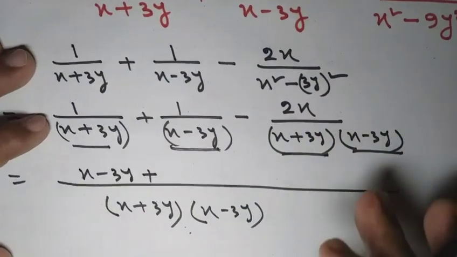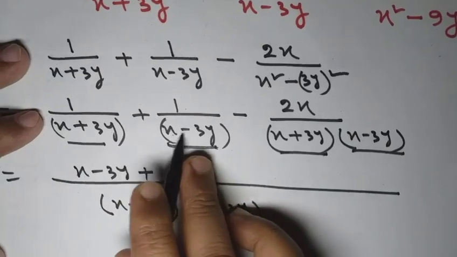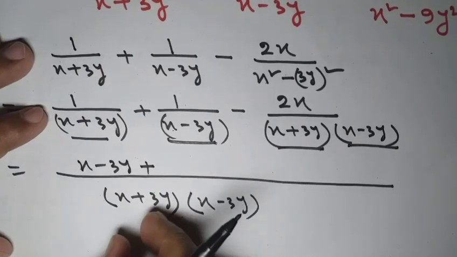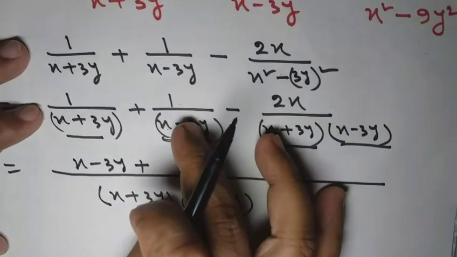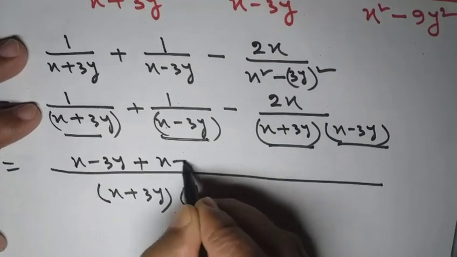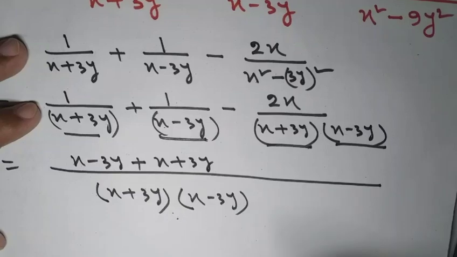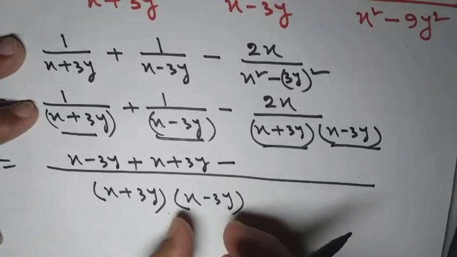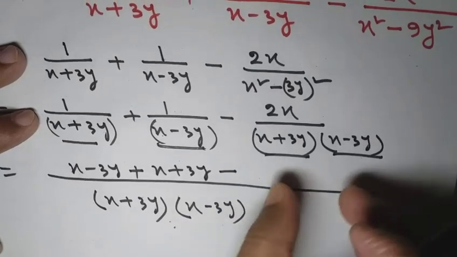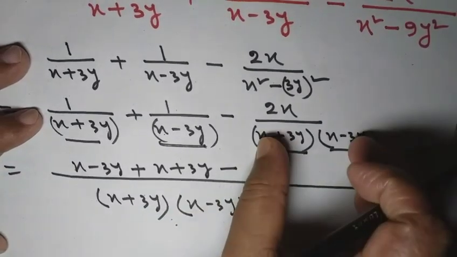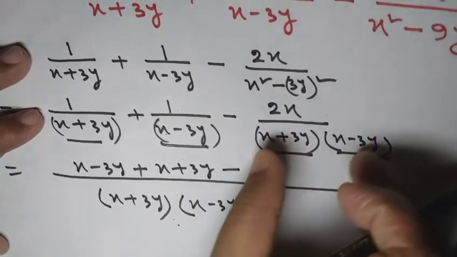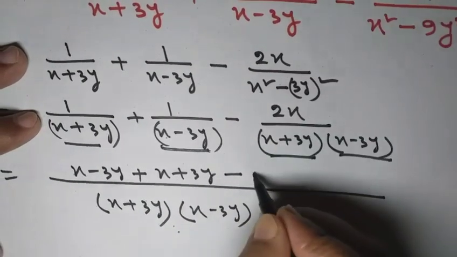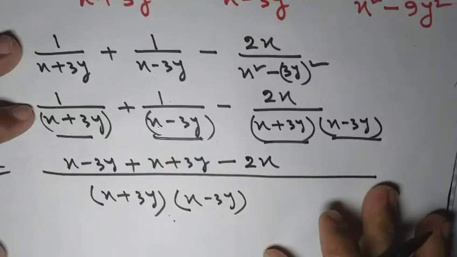plus, here is x minus 3y, if we divide x plus 3y into x minus 3y by x minus 3y, we will get x plus 3y, minus, if we divide x plus 3y into x minus 3y by this, that means this is the same, so if we divide we will get 1, so we will write 2x.